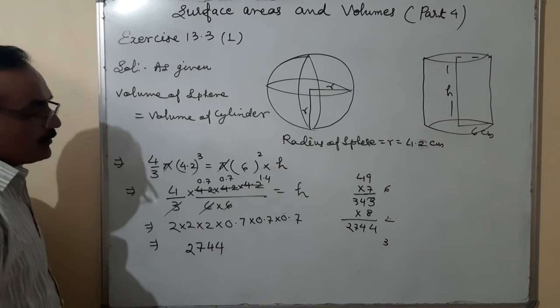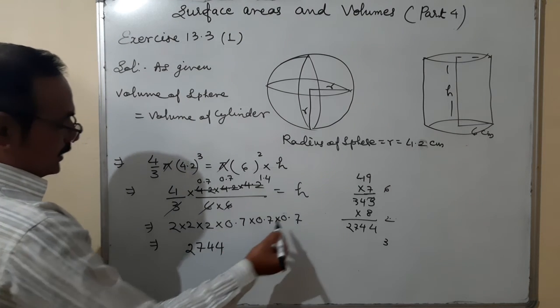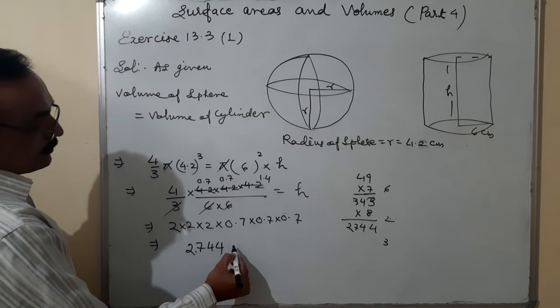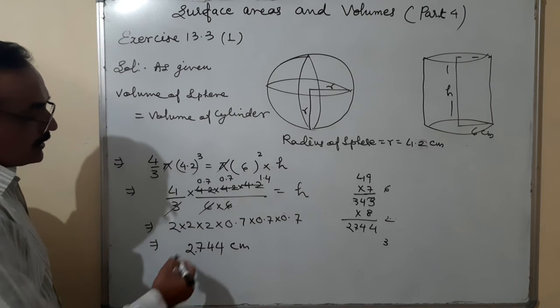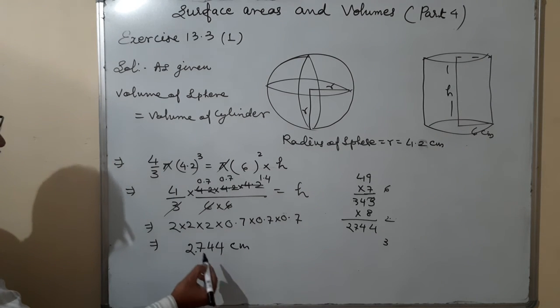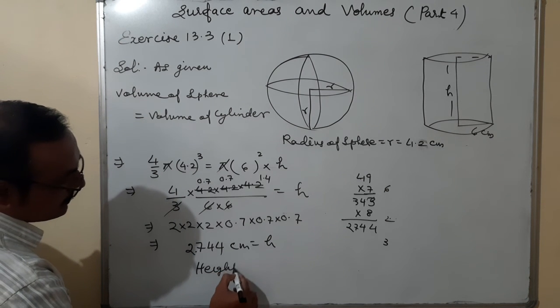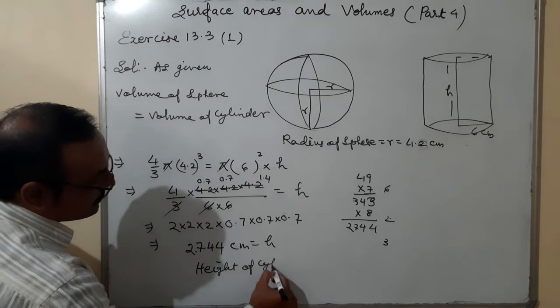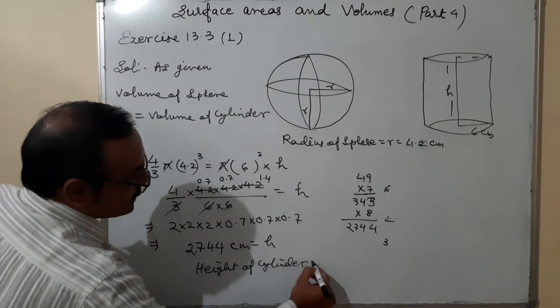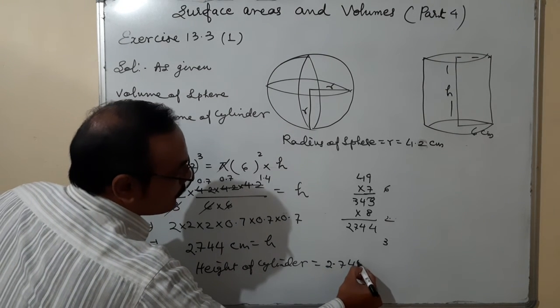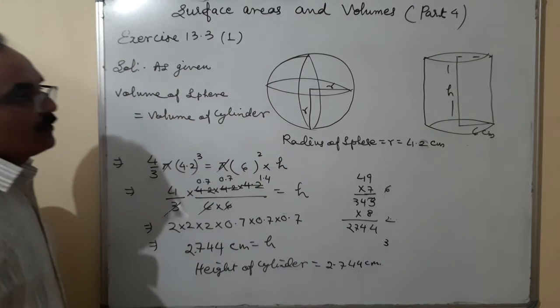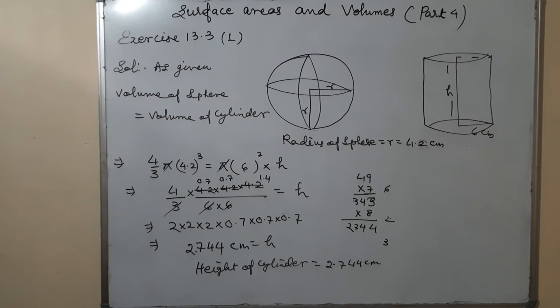Now place the decimal where it is: 2.744 centimeter. What is it? It is the height. So the height of the cylinder is equal to 2.744 centimeter. Okay, this is the height of the cylinder.